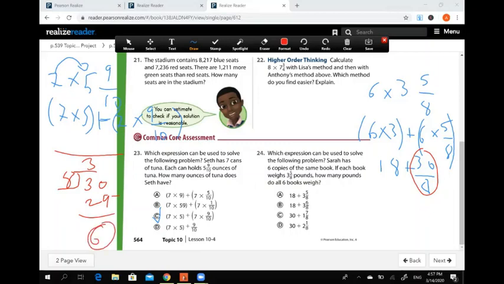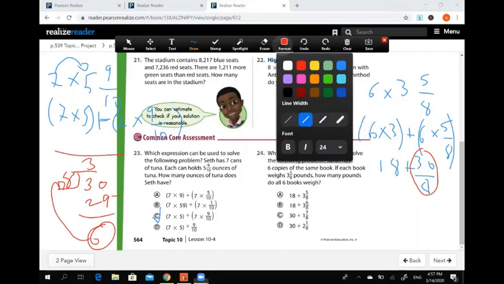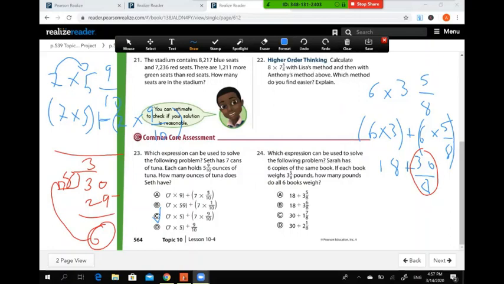Because the remainder is less than the divisor, I stop. So this fraction will be 3 6 over 8. So 18 plus 3, 6 over 8. The answer will be B.